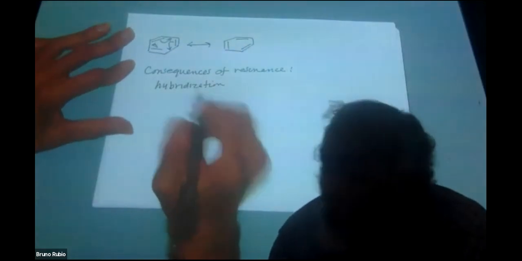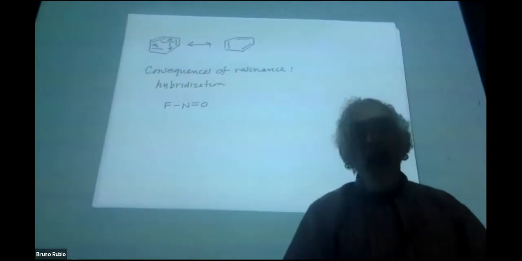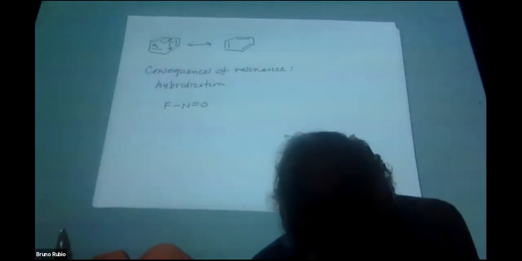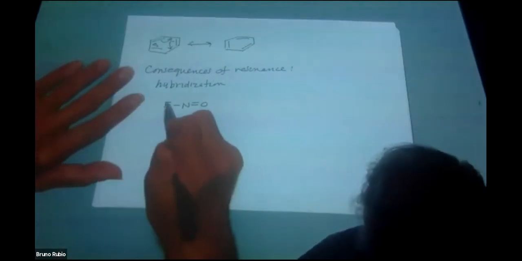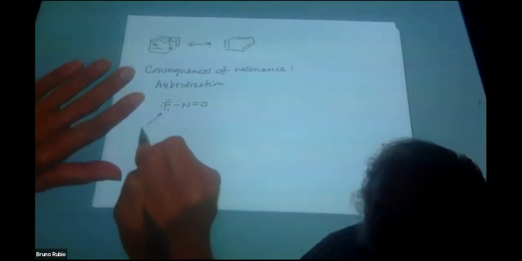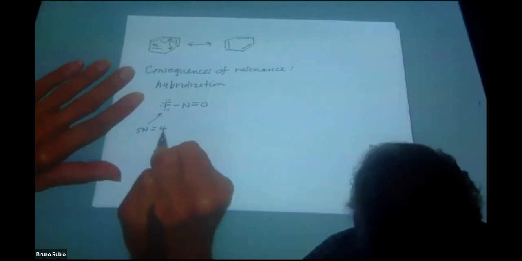So let's go back to nitrosyl fluoride. Give me the hybridization state. What is the hybridization state of the fluorine? Okay, so this fluorine, its steric number is equal to 4, right?